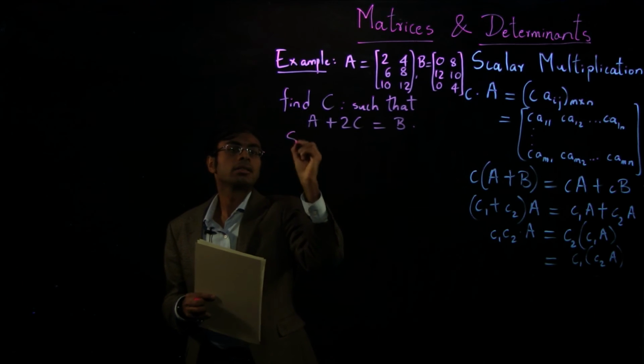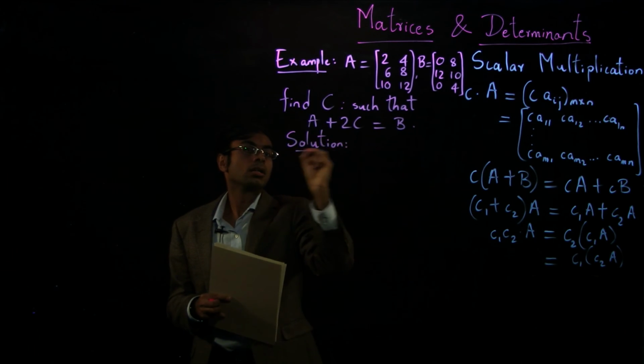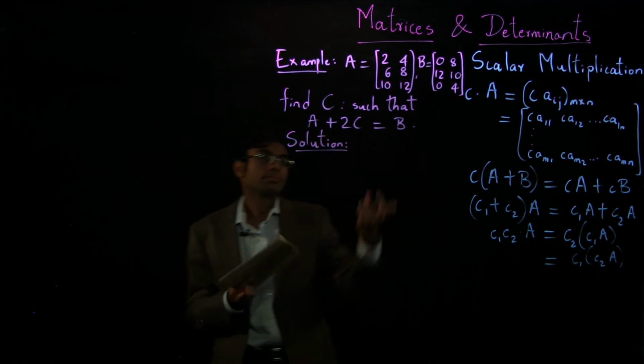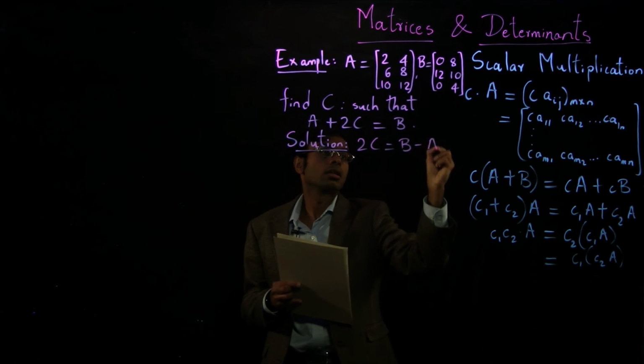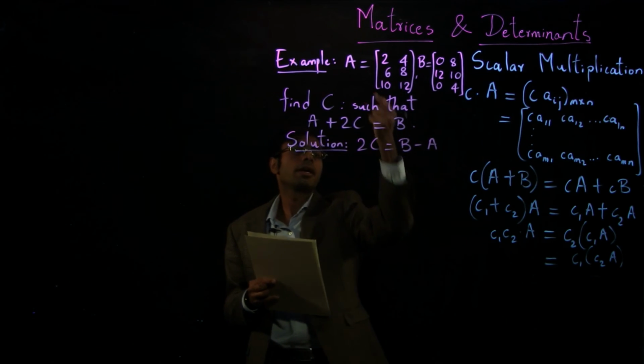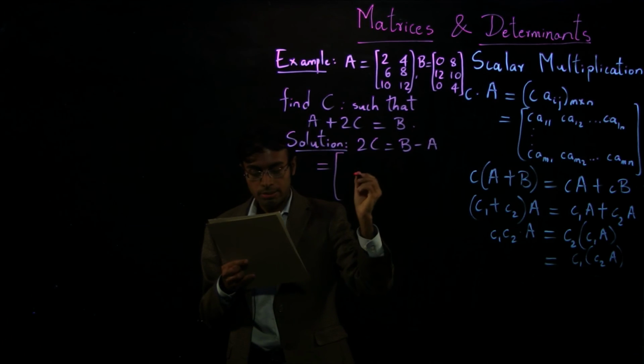Well, how do you do that? Pretty simple. So 2C equals B minus A. You know B, you know A, so simply do the operation.